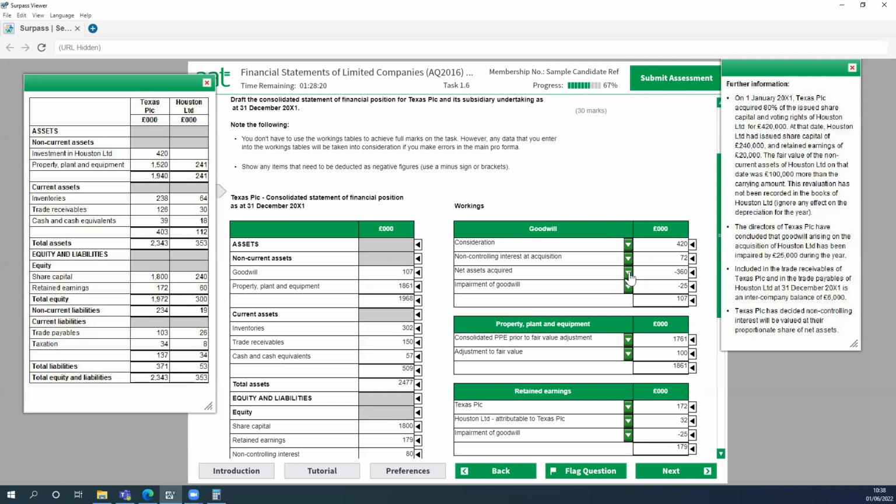So what I did, I put the net assets in first, okay? Because it's easier to do, I always feel. Because at the time of acquisition, the share capital was 240,000 and 20,000 was the retained earnings, but you also had that revaluation of 100,000. So that's 360 are the net assets acquired, okay?